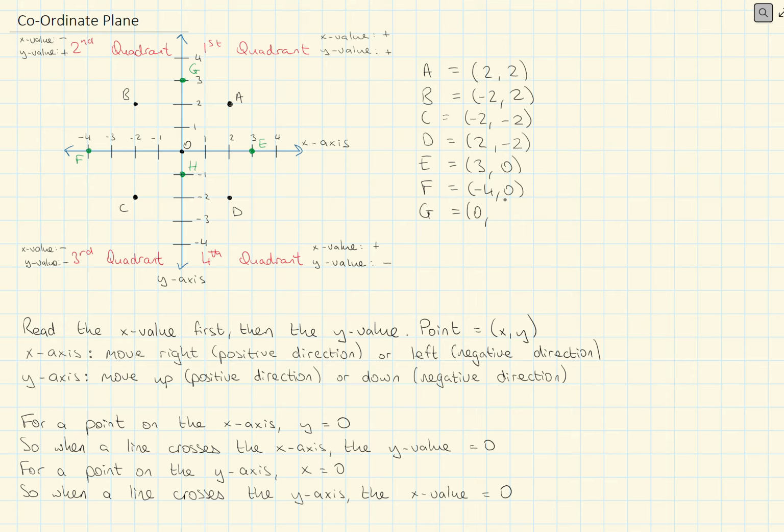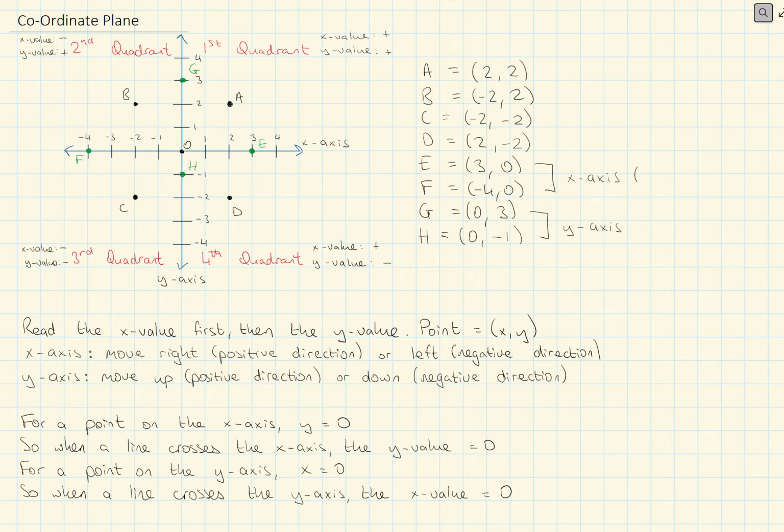And we're on 3, so my y value is 3. And then for H, -1 for the y value, and my x value, we haven't gone right or left, it's just stayed on the line. So it's (0, -1).